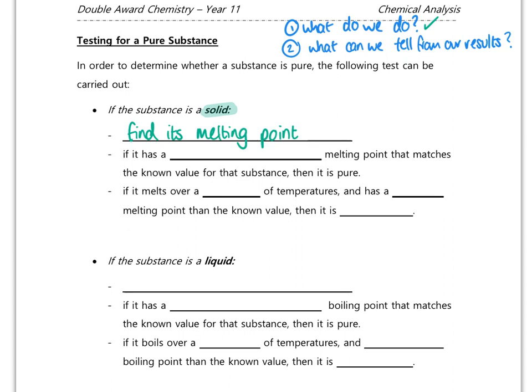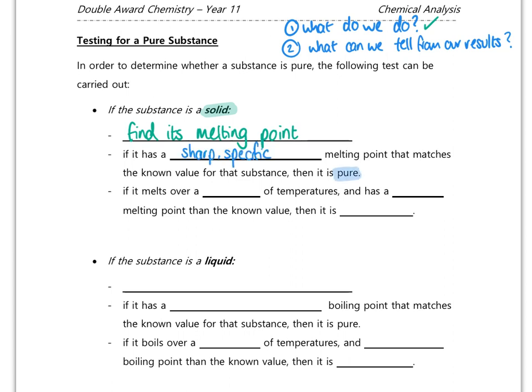We know that a pure substance has a sharp and specific melting point, but that an impure substance will melt over a range of temperatures. So if it has a sharp, specific melting point that matches the known value for the substance, then it is pure.